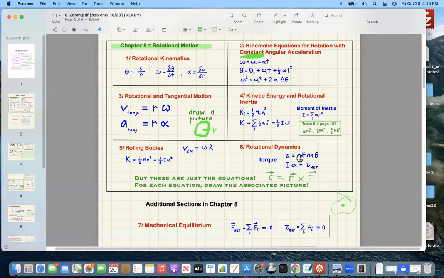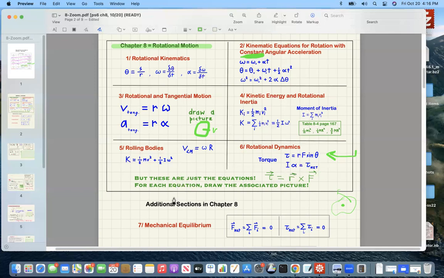So, r is the distance from the center to the point where the force is acting. But that has a direction as well. And F is a force, so that's a vector. So the torque is r F sine theta. And you really have to look at the pictures carefully to understand in this equation, what angle are you talking about? It's the angle between a displacement vector and a force vector.